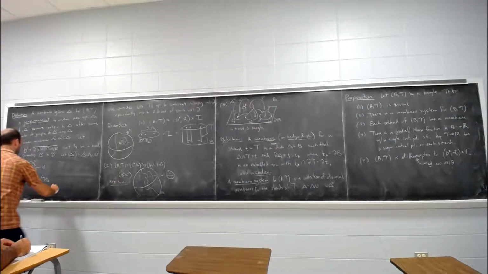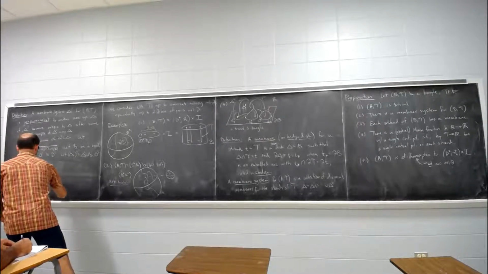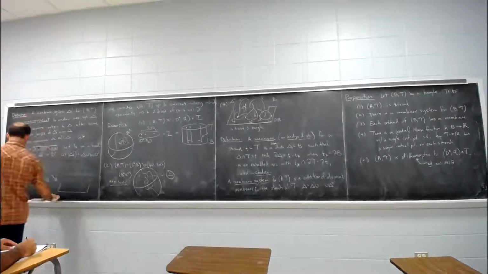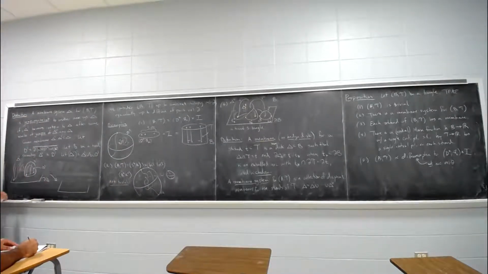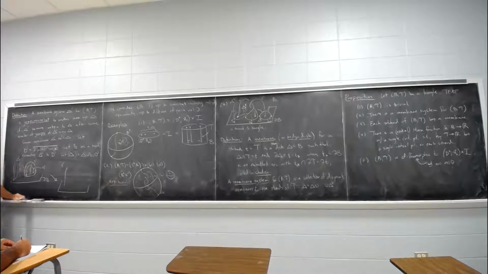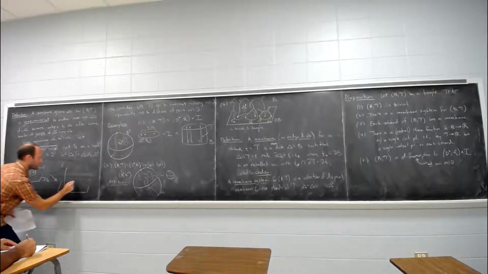And then when we perform the jump, we get rid of this old membrane. This was T sub I. And the new membrane we're going to get, let's draw it.